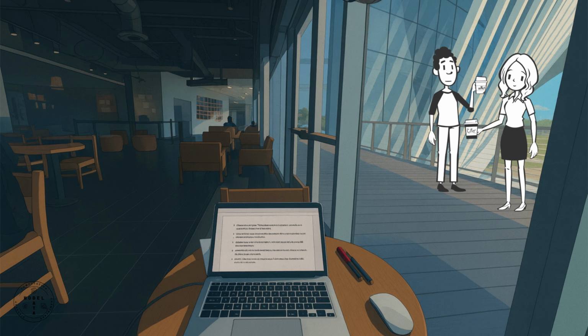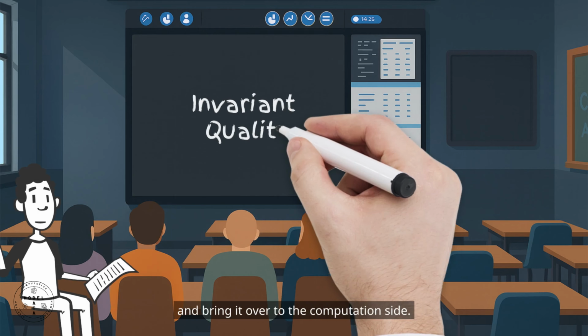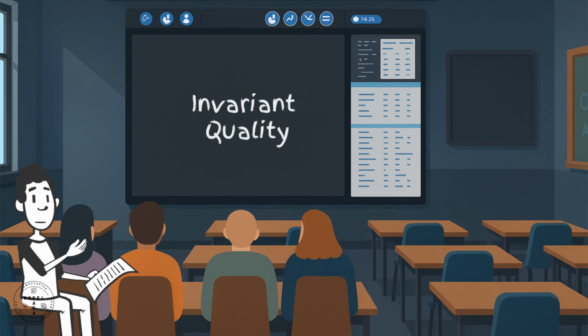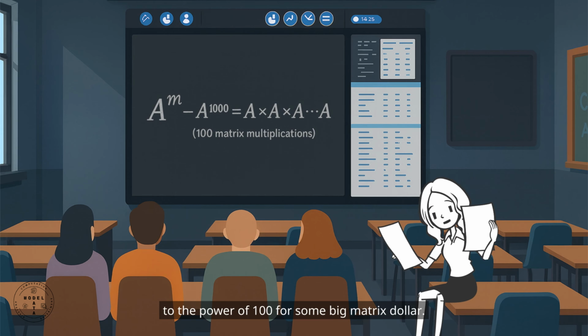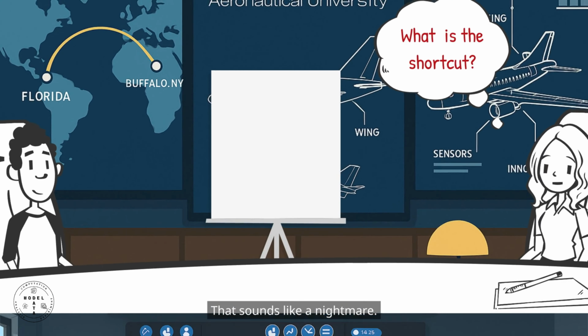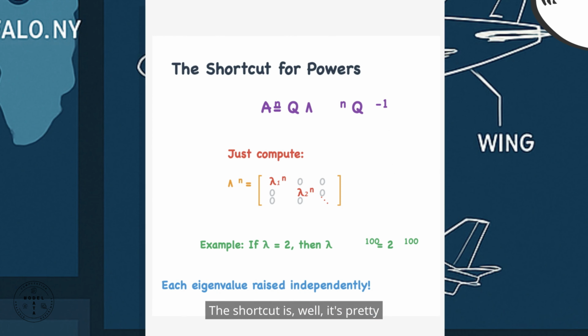Predictive science. So let's take that invariant quality and bring it over to the computation side: calculating things like polynomials of matrices, or say A to the power of 100 for some big matrix A. That sounds like a nightmare. What's the shortcut here? The shortcut is pretty neat.